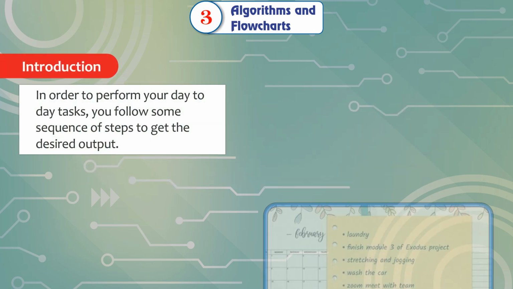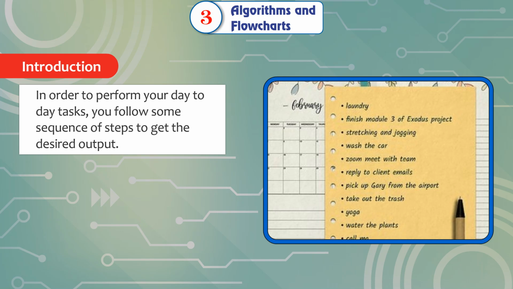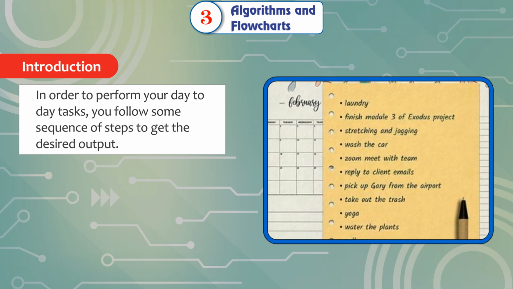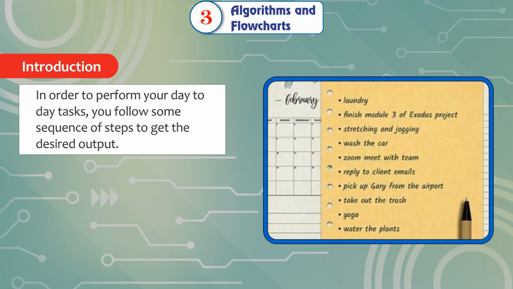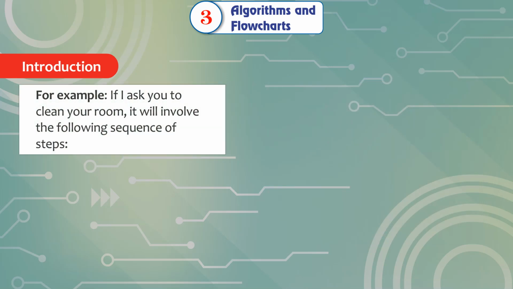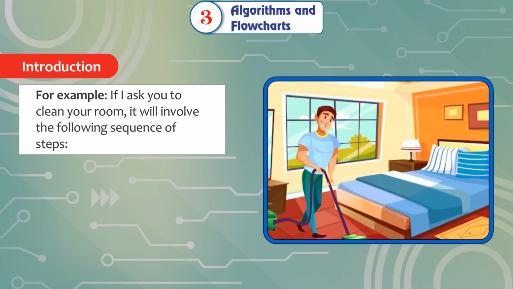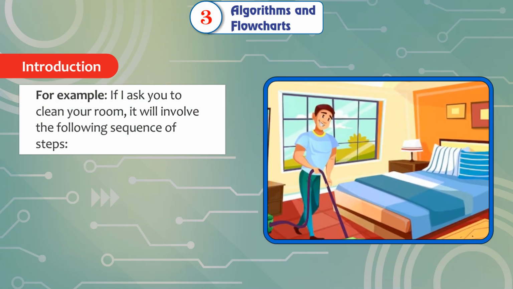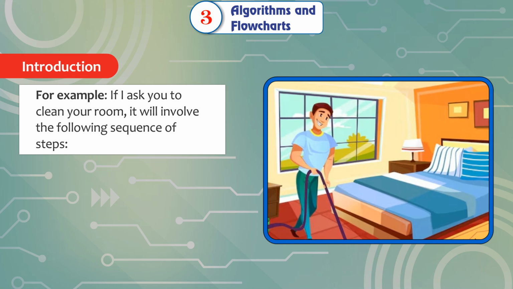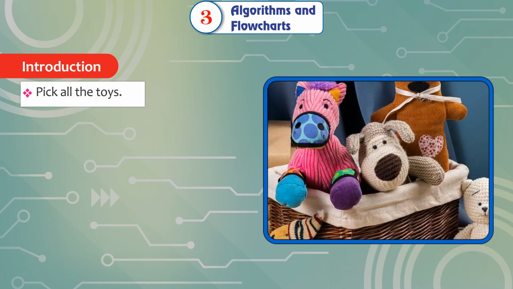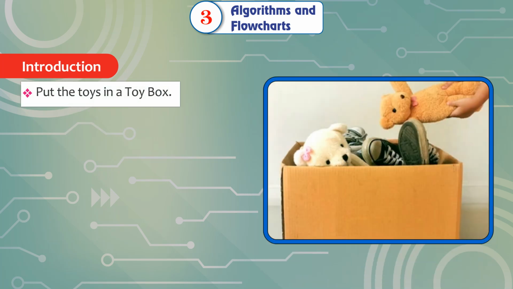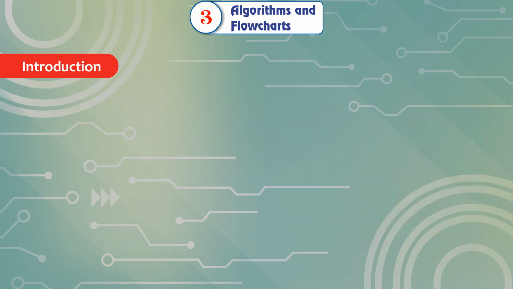Introduction. In order to perform your day-to-day tasks, you follow some sequence of steps to get the desired output. For example, if I ask you to clean your room, it will involve the following sequence of steps. Pick all the toys. Put the toys in a toy box.